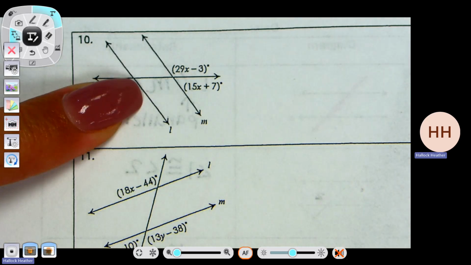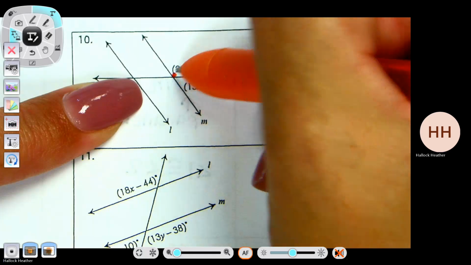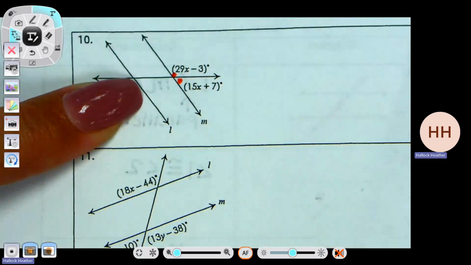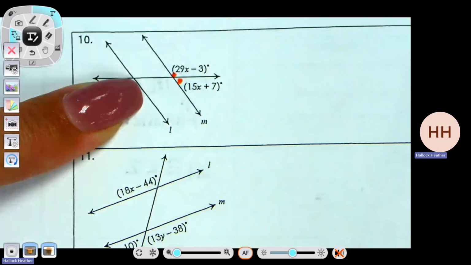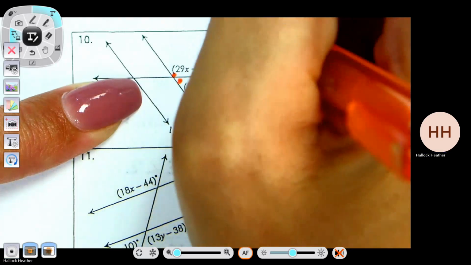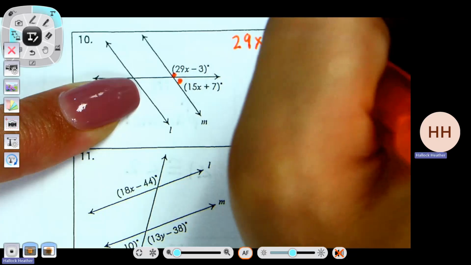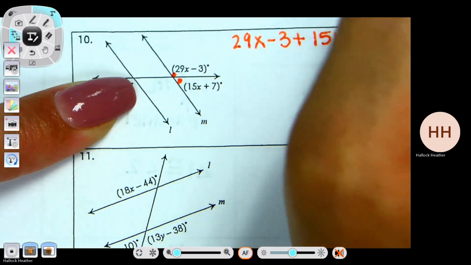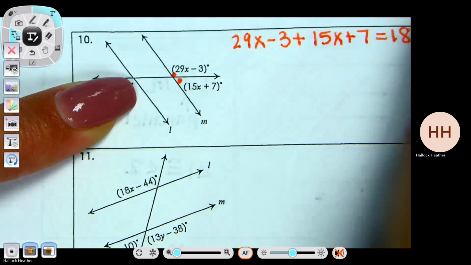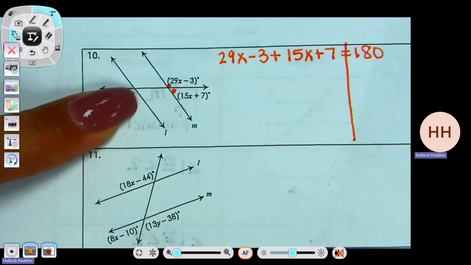Now looking, are these two angles congruent or do they add to make 180? They add to make 180 because they're technically a linear pair, but we don't care about the vocab for this one. We're just going to add to make 180. We're combining like terms.